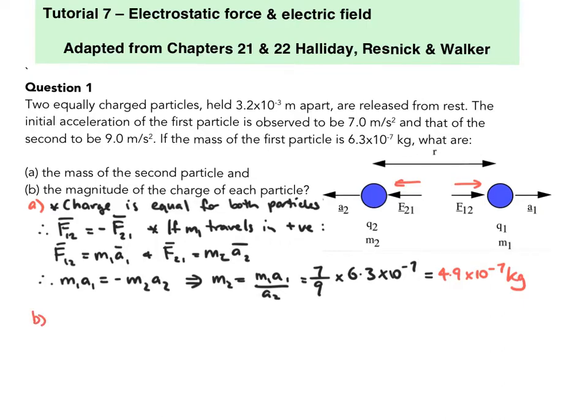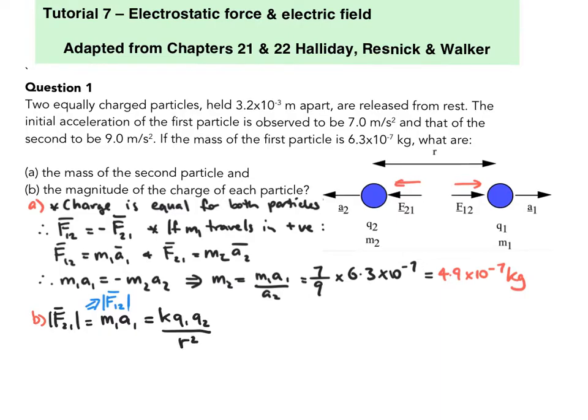The second part is asking us to find the magnitude of the charge on each particle. Well, the charge is the same for each one, so we can just look at one of our forces. So we can say the magnitude of the force of 2 on 1 is equal to M1A1, that's just Newton's second law, but we also know that force is equal to K Q1 Q2 over R squared.